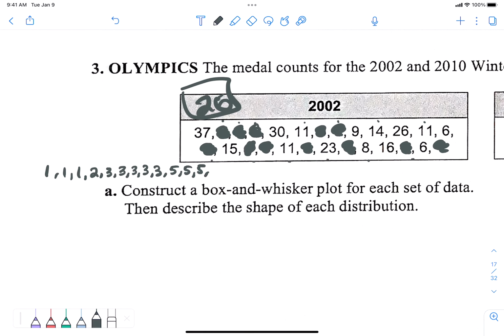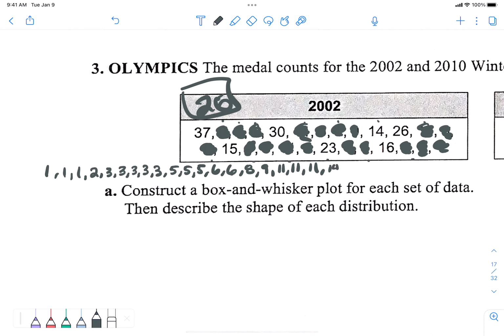6s. I see 2 6s. 7s, no, 8s. We have an 8. We have a 9. And then we bump up to 11s. There are 3 of them. Are you checking to make sure that this is right?